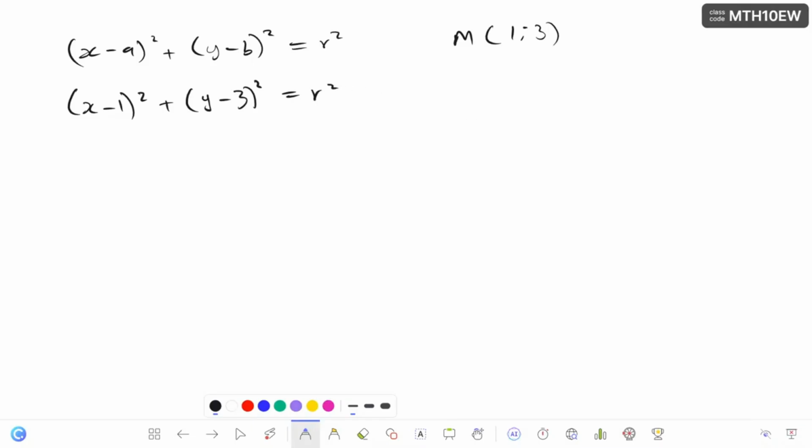So r squared is the distance, so we need to calculate the distance. r squared is equal to x2 minus x1 squared plus y2 minus y1 squared. We're going to use the coordinates M and P, where P is 3 and 9.